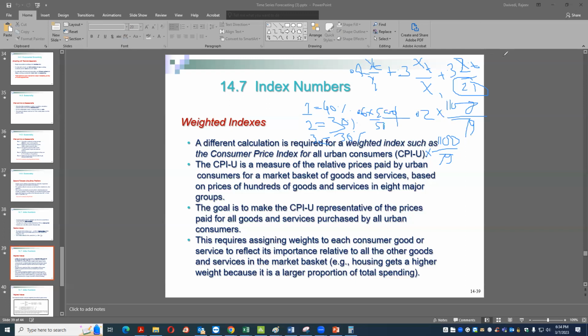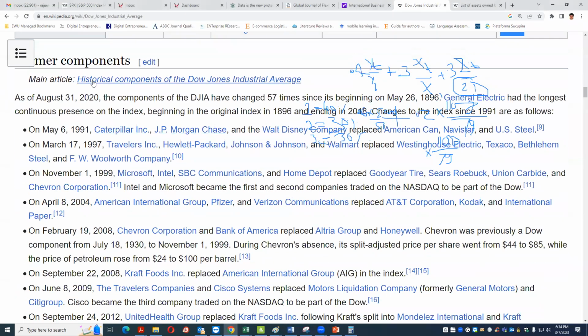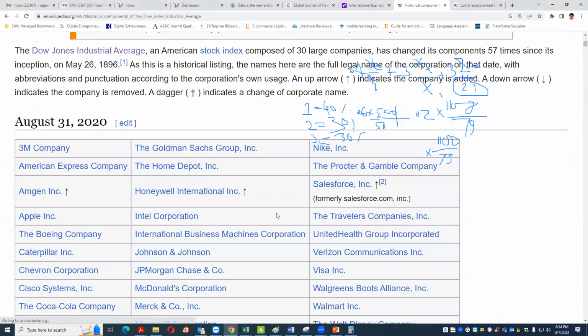Different indexes, you can get to know what the contributors are in Standard and Poor's. So from time to time they remove a company if the company is not good. They include a new company. So you can see in Dow Jones when they incorporated, which are the former components, historical components of Dow Jones.